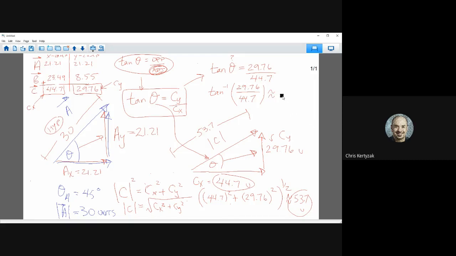So I know I'm done with my vector addition problem because I can now describe the two properties of the vector. The two properties are its magnitude, which I now know is 53.7 units long. It's the hypotenuse. And I know the direction it points in, which is 33.65 degrees.